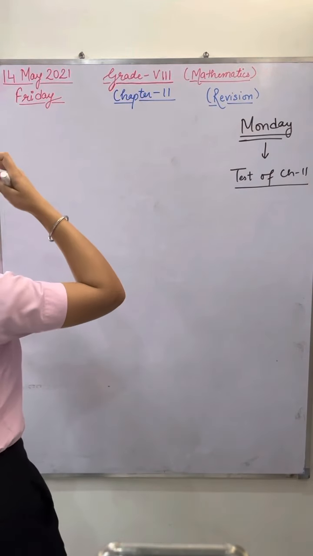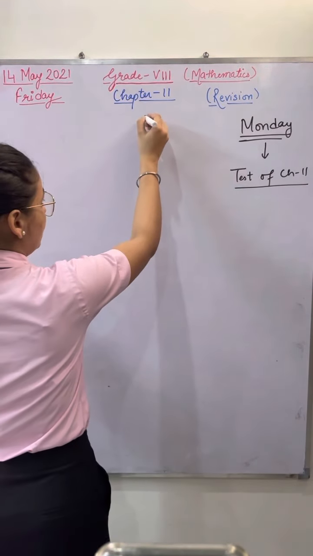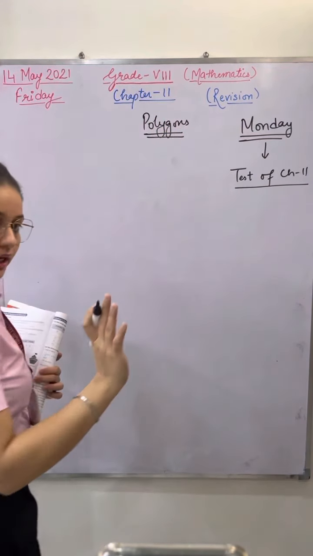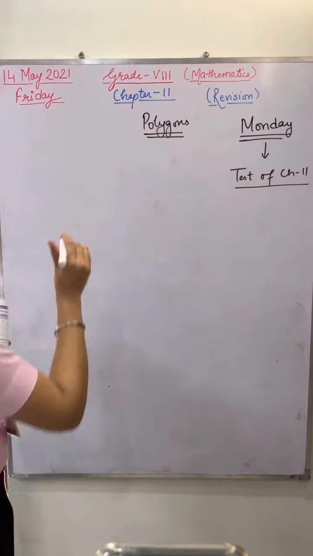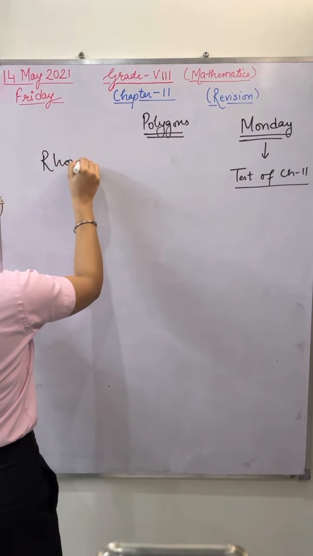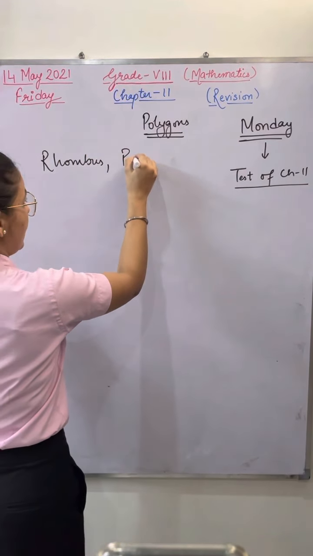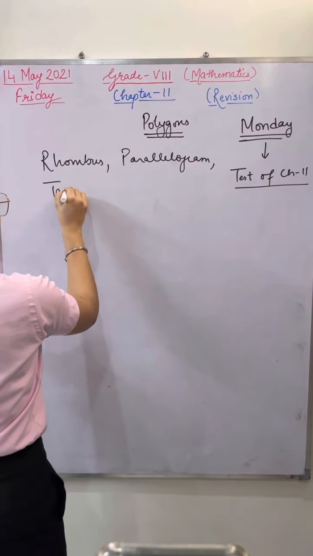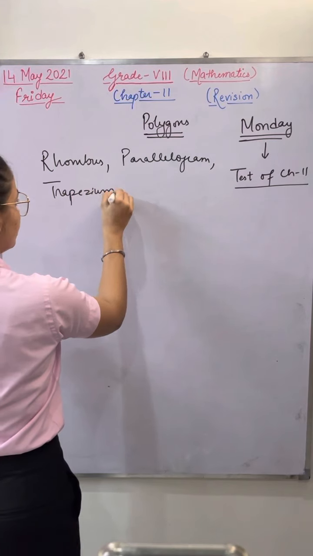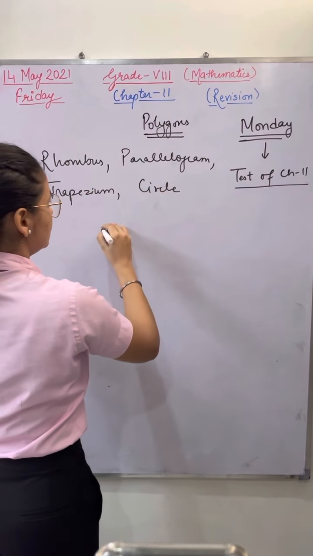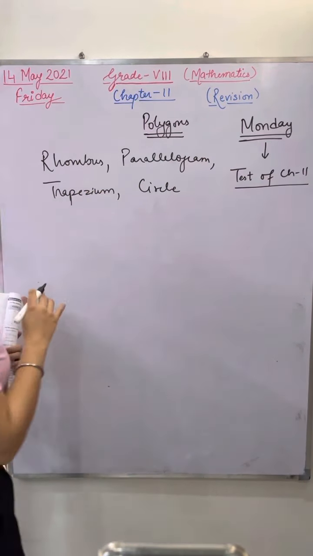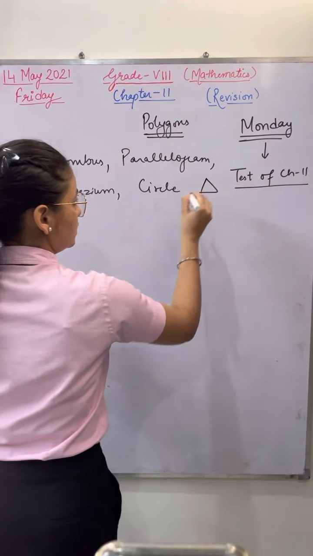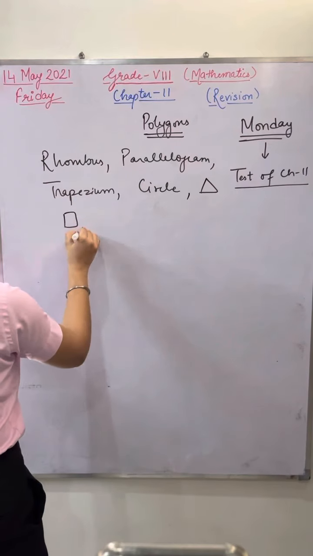Yesterday we did revision of polygons and quadrilaterals. Today I'm going to discuss some questions based upon rhombus, parallelogram, trapezium, circle, triangle, square and rectangle.